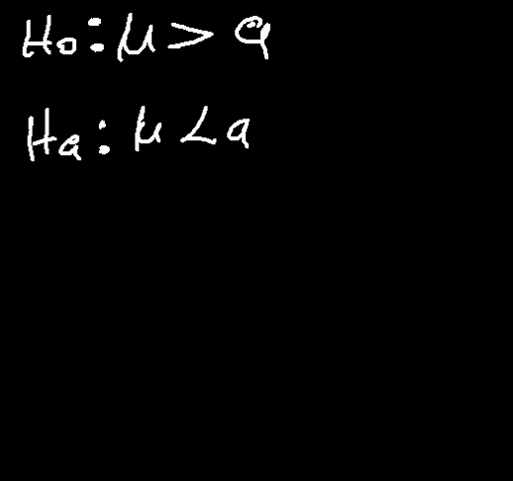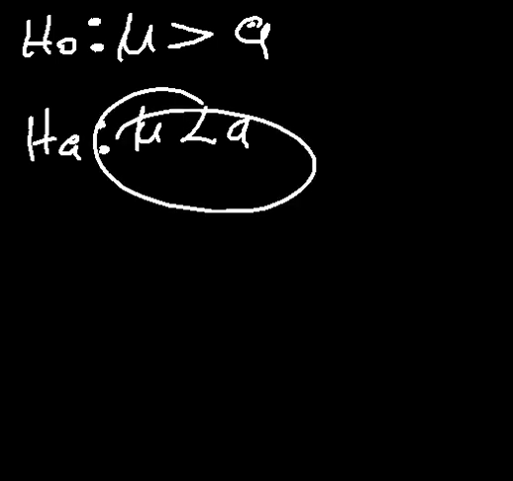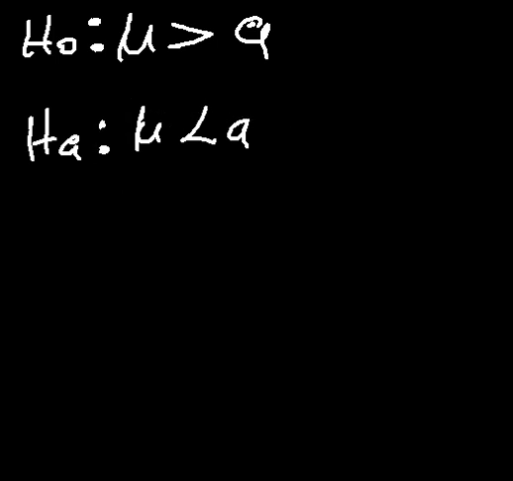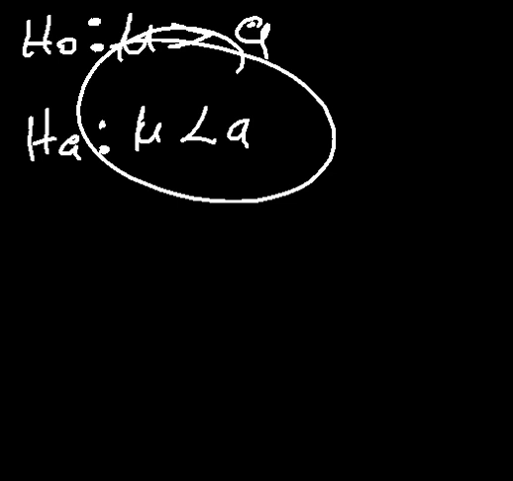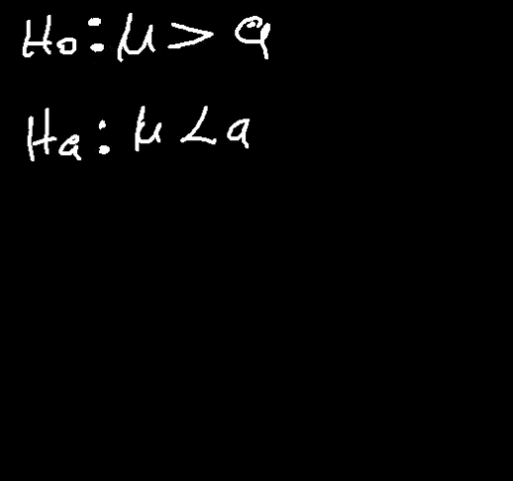The cases to do with the tails basically have to do with the alternative hypothesis. In this case, since it is less than, it means left-tailed. If it is greater than, it means it is right-tailed. That is for the alternative hypothesis. So all these cases are those of the single-tailed test. So take note of that.